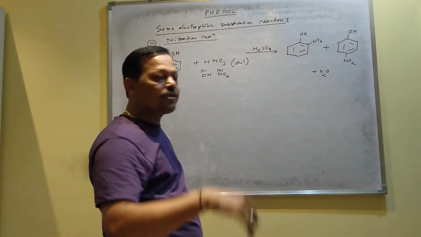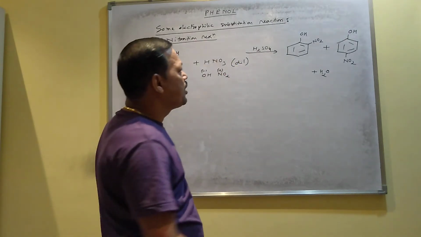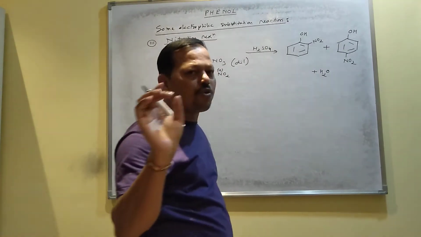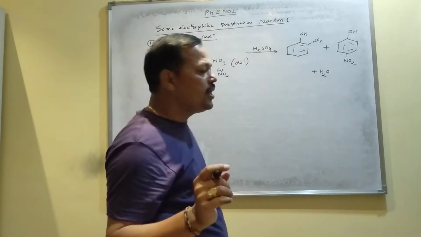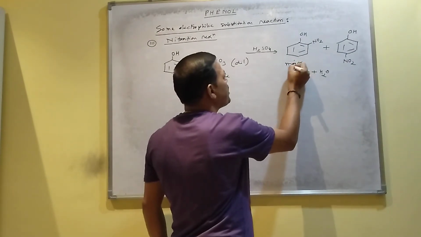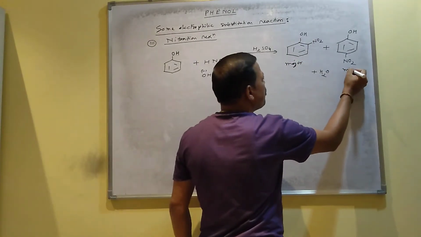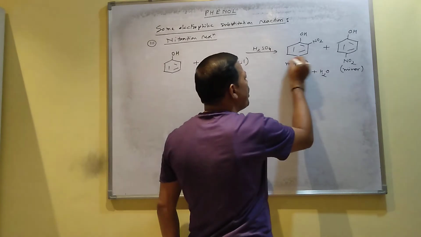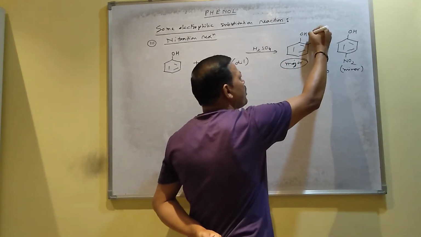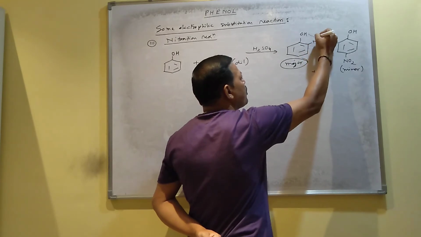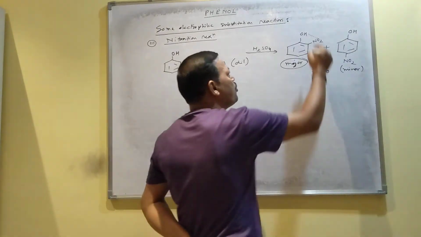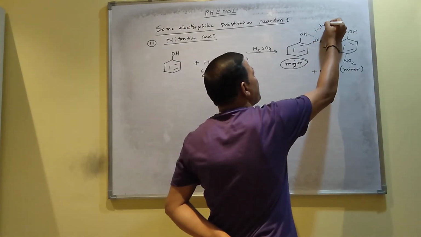So in sulfonation reaction also this type of thing takes place, but here one is ortho product, one is para product. You know para is always major due to stability, but here ortho is major product and this is your minor product. Why is ortho major? Because the hydrogen of the OH group can form hydrogen bonding with the oxygen of the nitro group, which is called intramolecular hydrogen bonding.